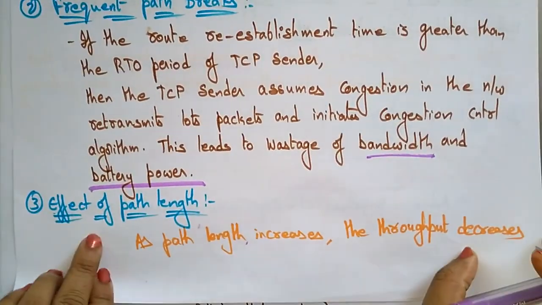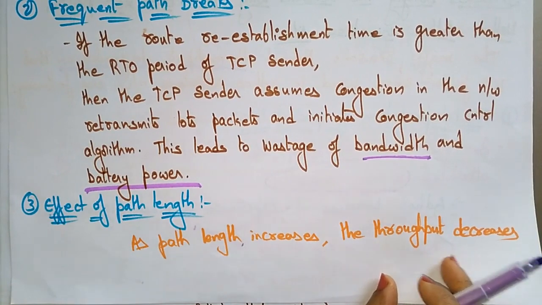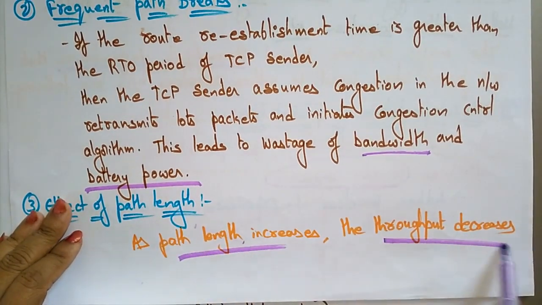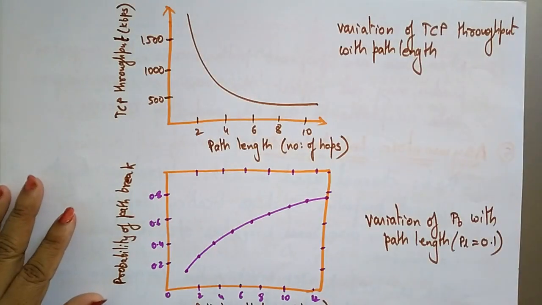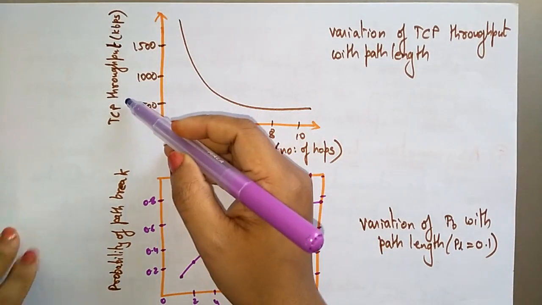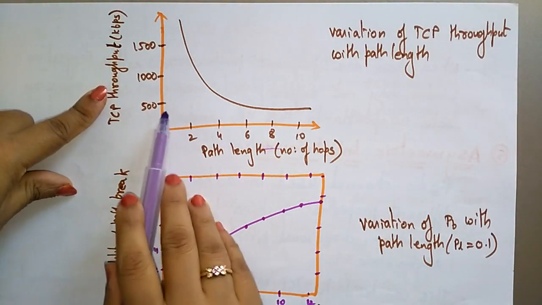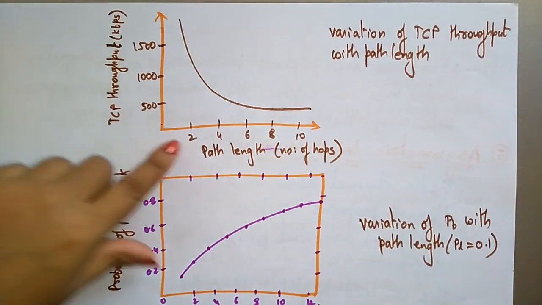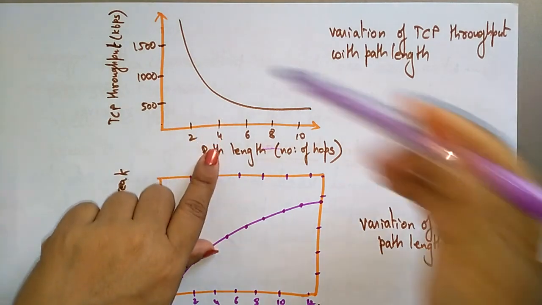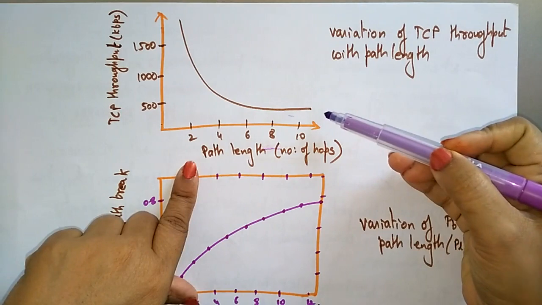Another reason is the effect of path length. As the path length increases, the throughput decreases. Let's see here: this is the path length and the TCP throughput, showing the variation of TCP throughput with path length. Whenever the path length is increasing, the throughput is decreasing.